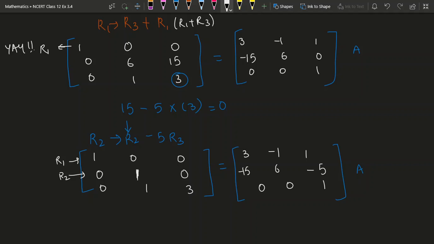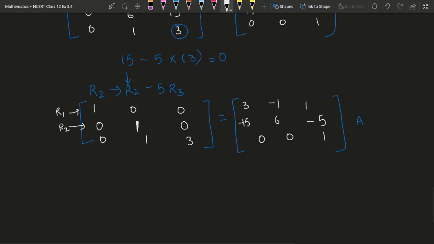So, at last, you have to somehow manipulate the third row. Now if you see, you have to convert this into 0 and this into 1. So let's do it one step at a time. If you write the transformation R3 going to R3 minus R2, you essentially get rid of this one right here.